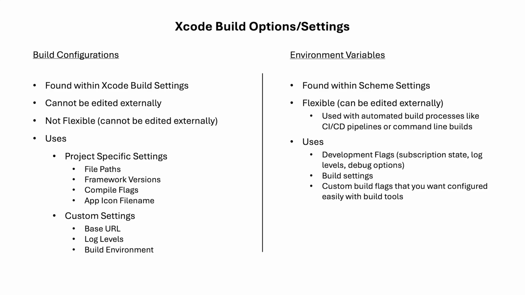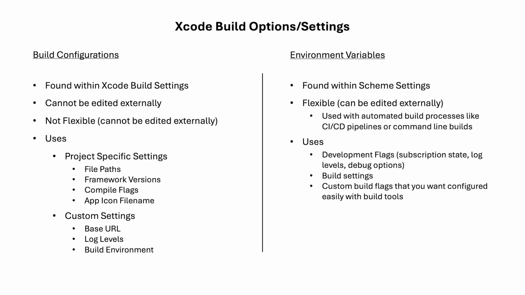But those configurations that will build based off these pipelines can be configured with environment variables that will adjust your Xcode build and flip flags or turn on or off different settings or capabilities in your app for those builds. So again, if you want a QA tester to have access to certain screens that the public won't have, you can use an environment variable to flip that on in these certain builds.